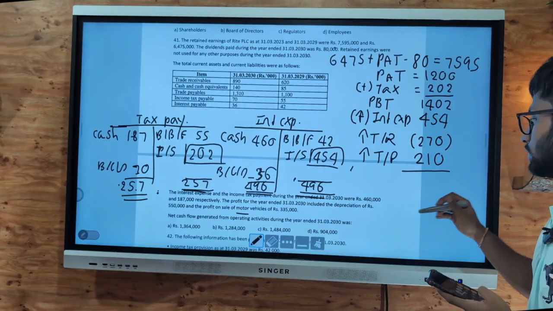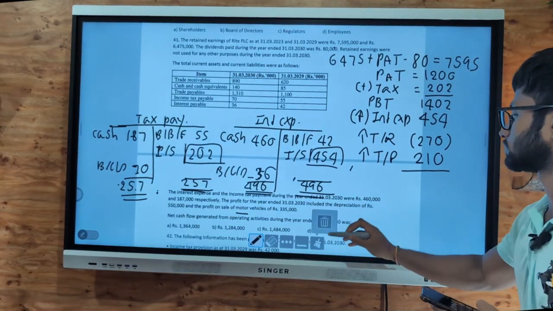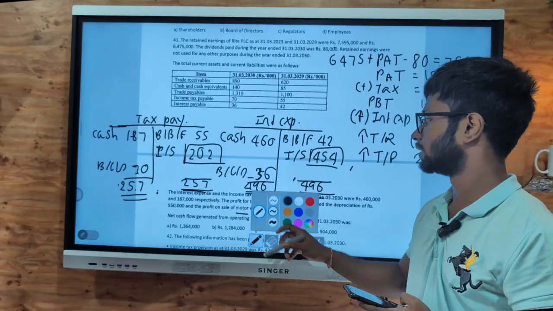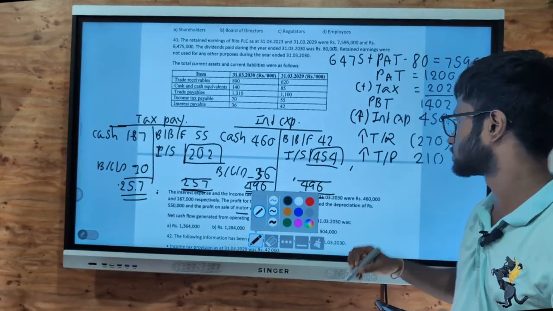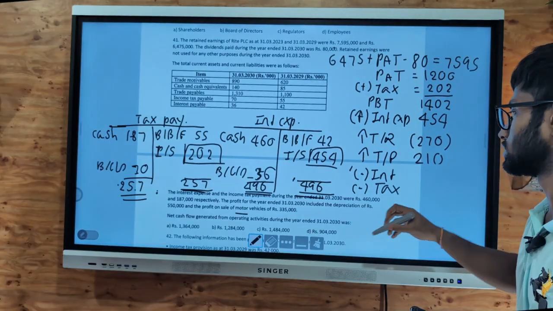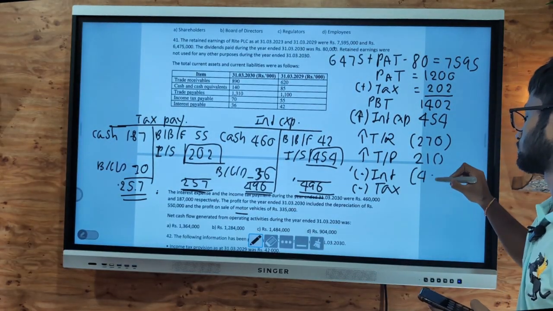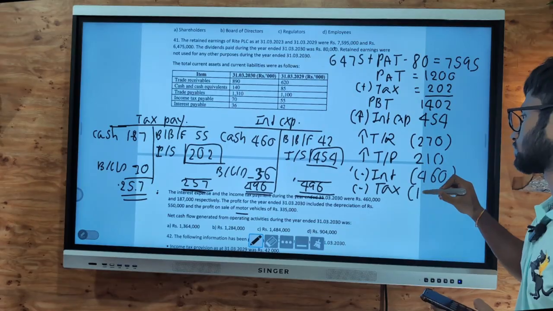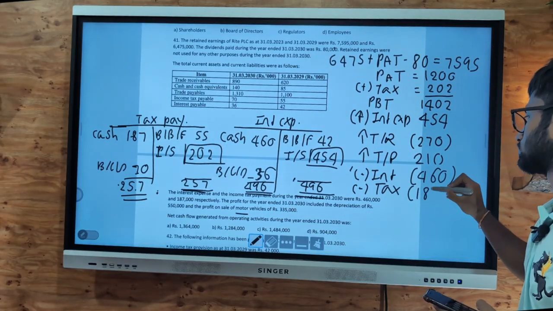Sorry, we have to adjust the interest paid and the tax paid, the actual payments that you did. So interest we paid 460 and tax we paid 187.